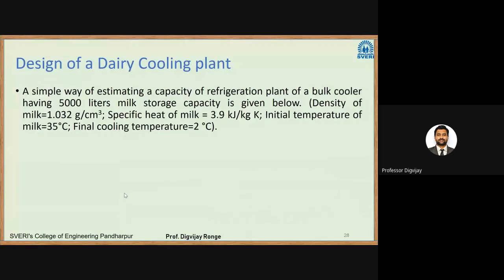So any idea how we can solve this? Yes, so I'm asking you, what should be the approach while calculating the capacity of this refrigeration plant for dairy cooling purpose?